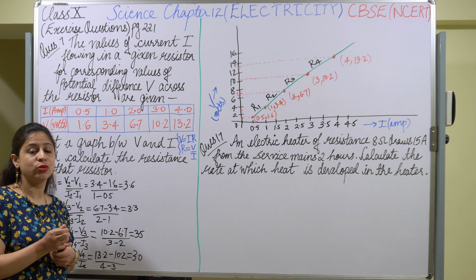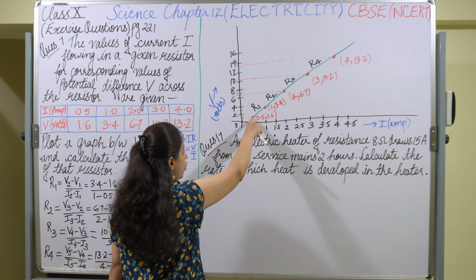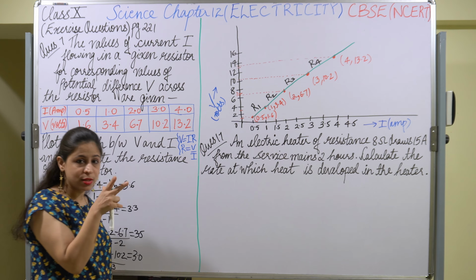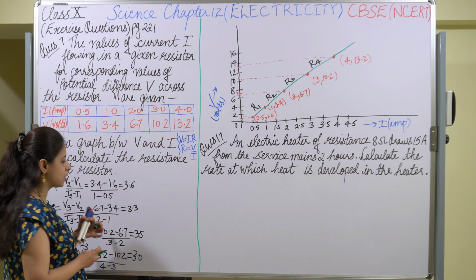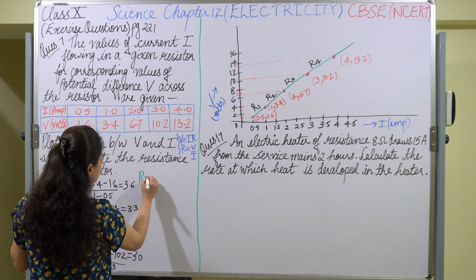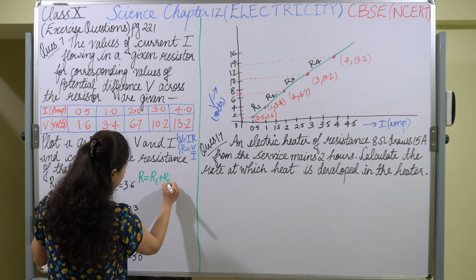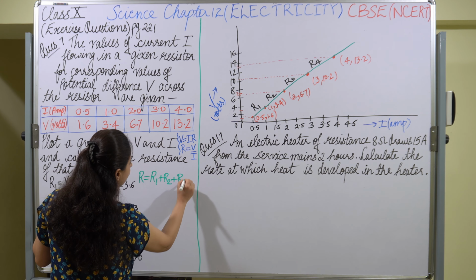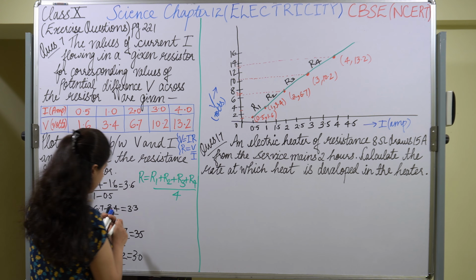Now we need to find out the resistance value between this point and the last point. So the whole resistance value should be calculated. That resistance value will be equal to the average of all the resistances.